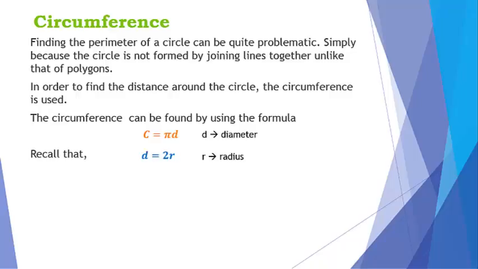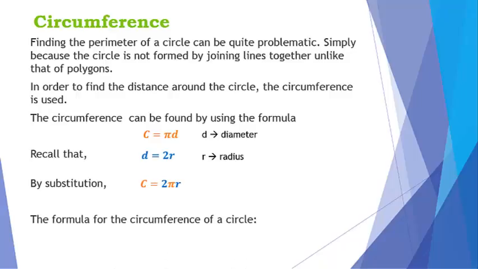But recall that the diameter is equal to twice the radius, or 2r. So by substitution, our circumference can be written as 2 pi r. The formula for the circumference of a circle is 2 pi r.